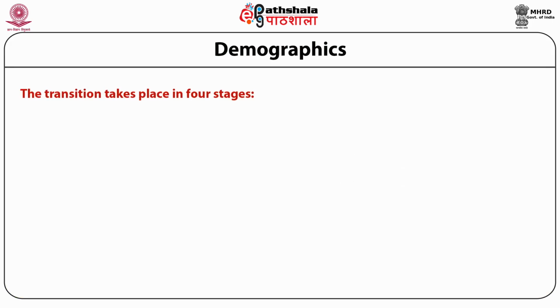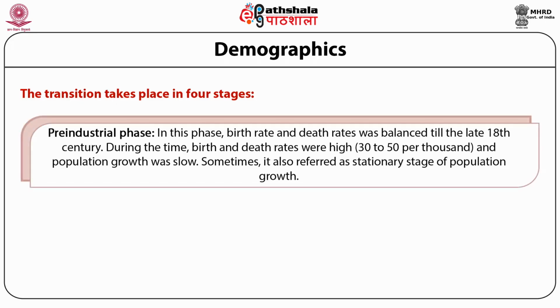The transition takes place in 4 stages. The first stage is the pre-industrial phase. In the pre-industrial phase, the balance between death rate and birth rate till the late 18th century characterizes it.